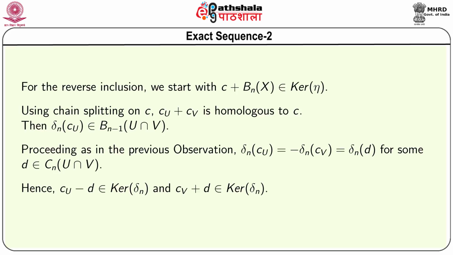Using chain splitting on c, we have c_u + c_v homologous to c, then ∂_n of c_u is in B_{n-1}(U ∩ V), and proceeding exactly as in the previous observation, ∂_n c_u is equal to ∂_n d for some d belonging to C_n(U ∩ V), and that is equal to minus ∂_n c_v, and hence c_u − d is in the kernel of ∂_n and c_v + d is in the kernel of ∂_n.